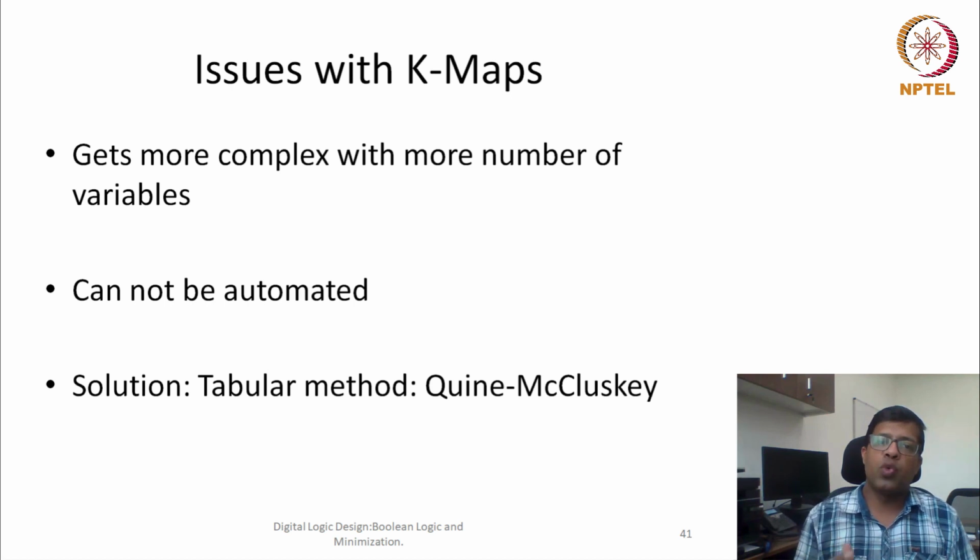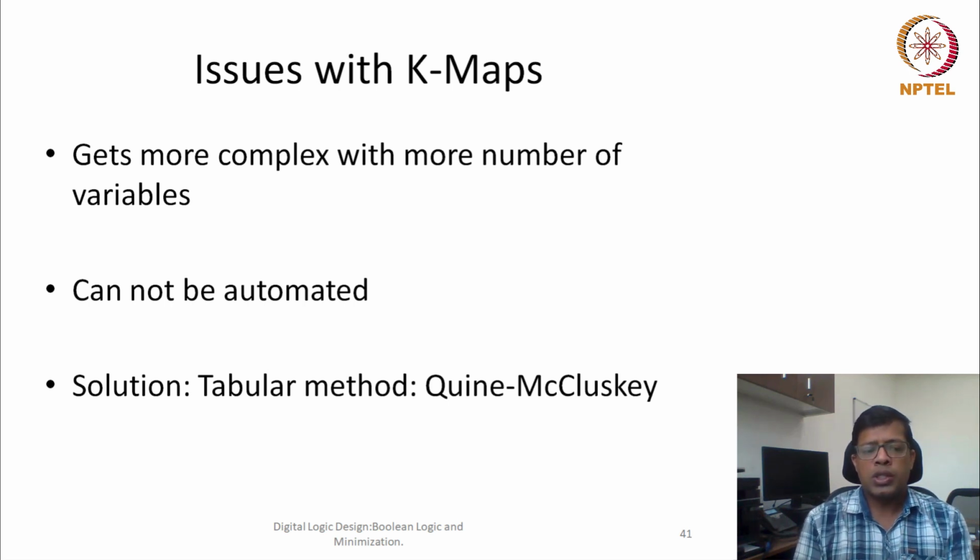If the number of variables is more, then complexity is beyond control. The best advantage of K-map is that it is visually appealing, and we can visually look for implicants and minimize the terms, but that is lost as the number of variables increases. Further, when you solve problems with K-maps, you will observe that sometimes you will miss a particular optimization or particular combination which could otherwise have been there.